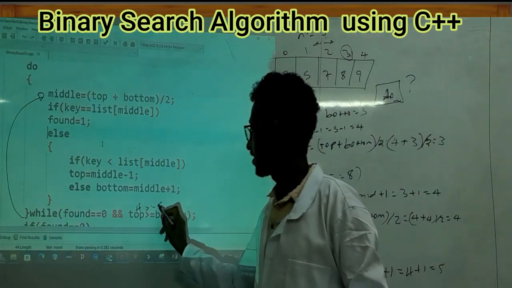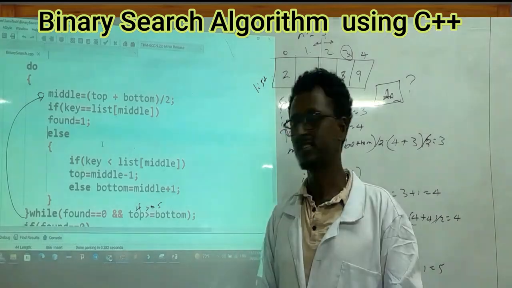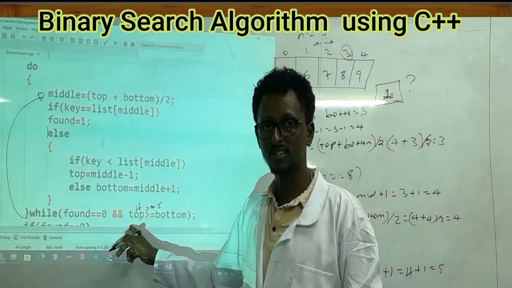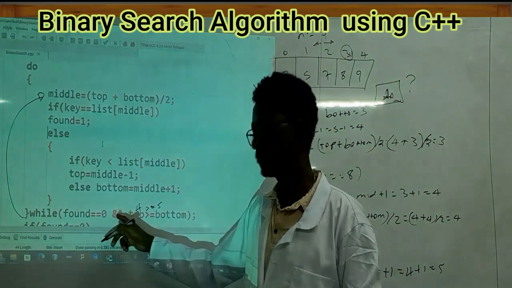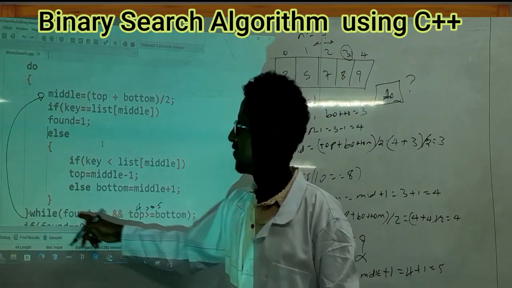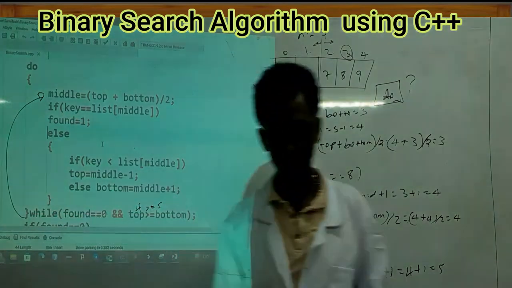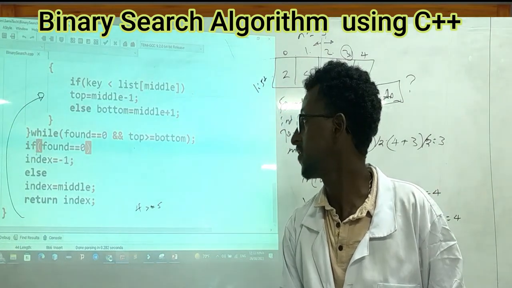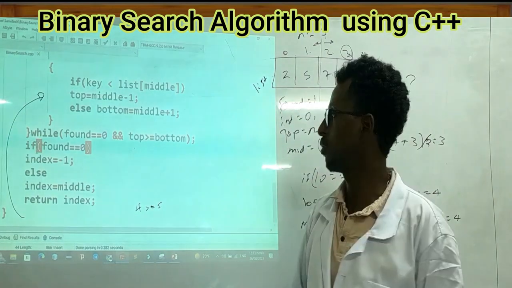Is this condition true? False. Therefore, the entire while condition is false because it is connected using the logical AND operator. Therefore, the do while loop is exited and goes to the first statement after the while loop.